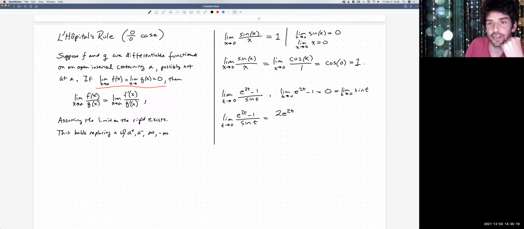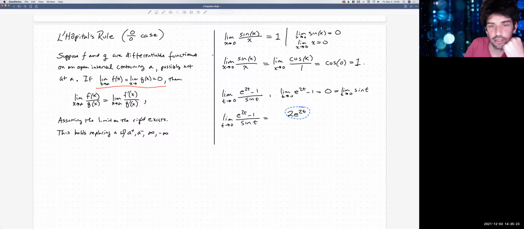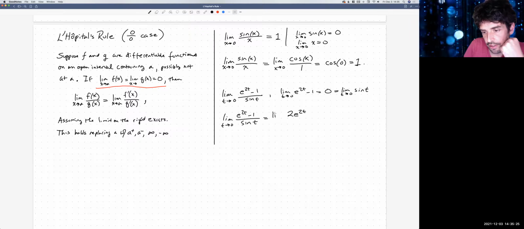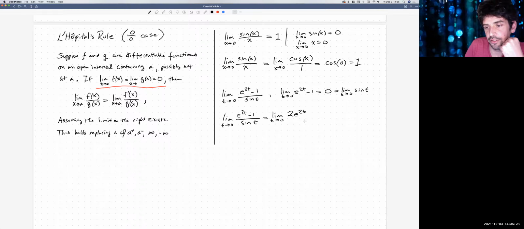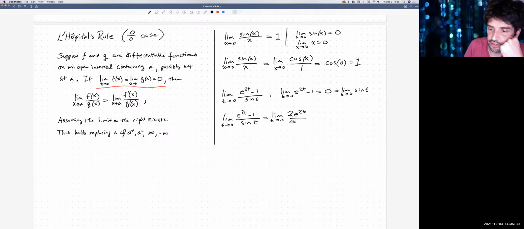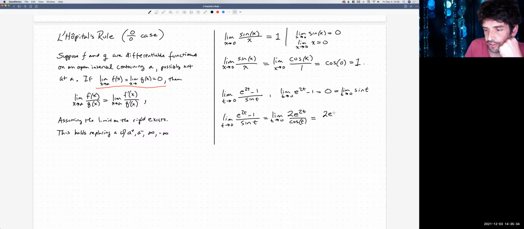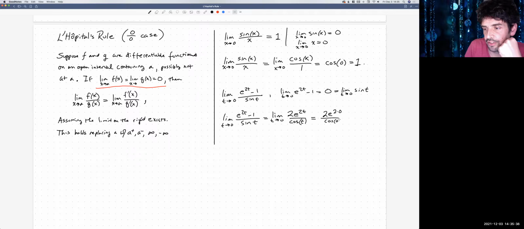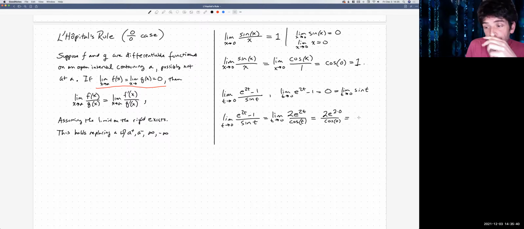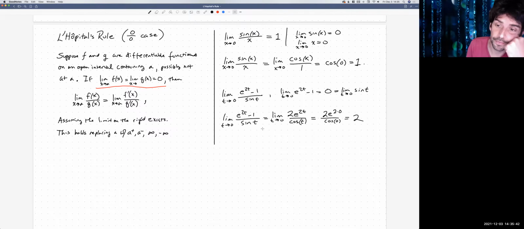Oops, I forgot my limit. Let's put that in. The limit as t goes to 0, and the derivative of sine is cosine. These are both continuous functions, so we can simply evaluate by putting 0 in there. Cosine of 0 is 1, e to the 0 is 1, and we end up with 2.